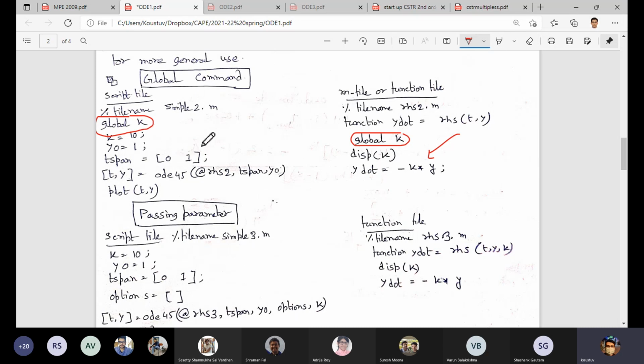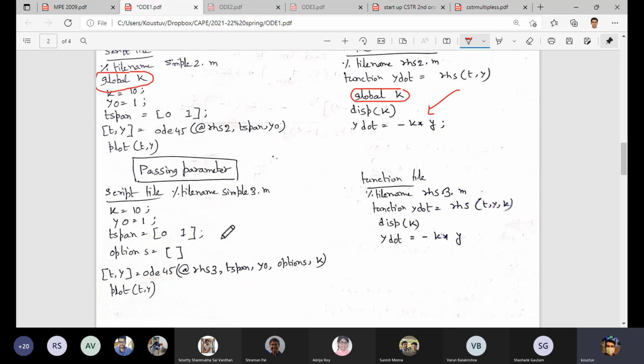Or we can pass the parameter not by writing global, but by using it as an argument. We pass the arguments in the main lines that we use for calling the solver to execute it. And if we are passing the parameter here, we have to also pass it here, because this y dot, that means the left hand side, the several y's, are calculated by the function file that we are writing.